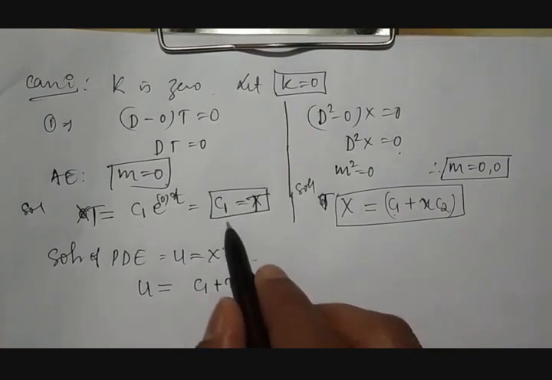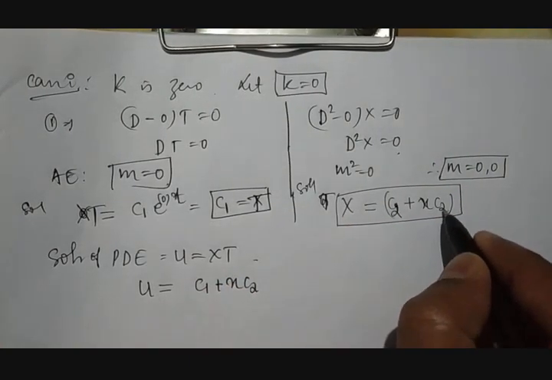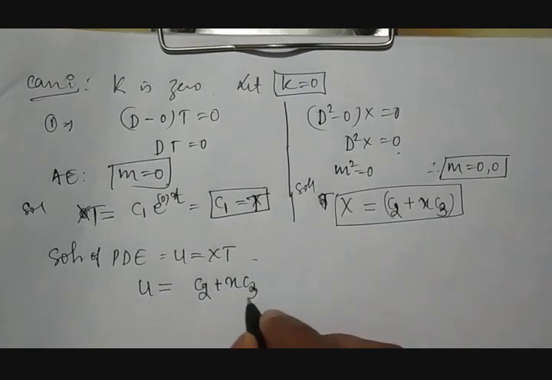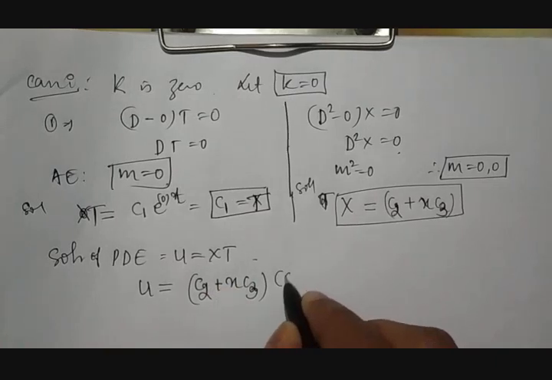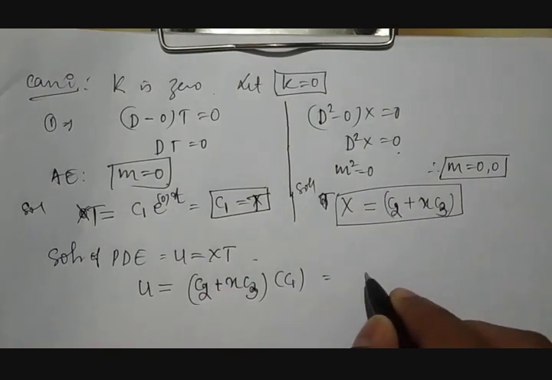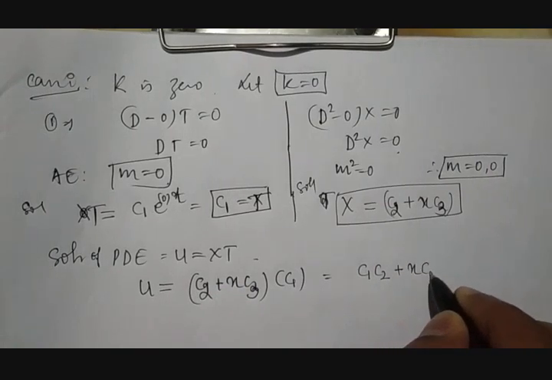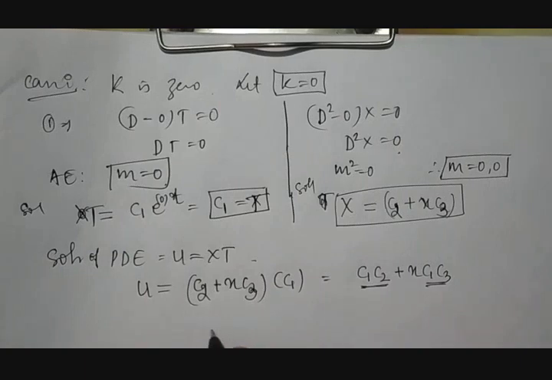Already we used C1 here, so instead we'll take C2 and C3. Therefore, C2 plus x C3 into C1. Or else, you can take C1 C2 plus x into C1 C3. You can use some other notation for this.